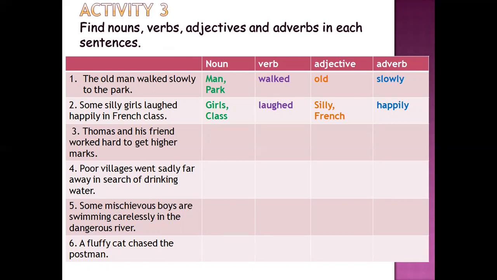There are two nouns here, girls and class. And what is the verb in this sentence? That is laughed. There are two adjectives, silly and French. And what is the adverb given in this sentence? That is happily.